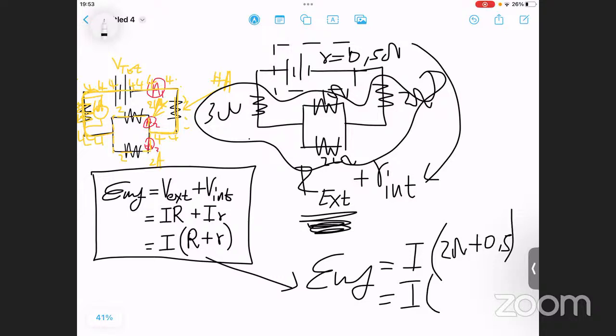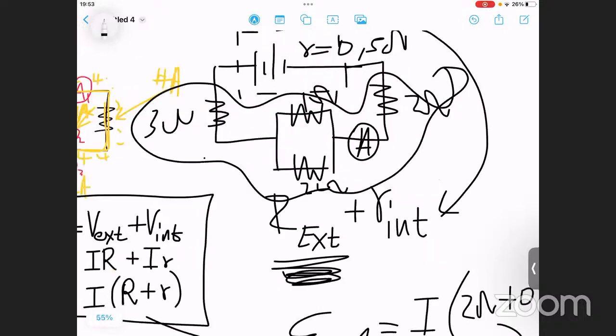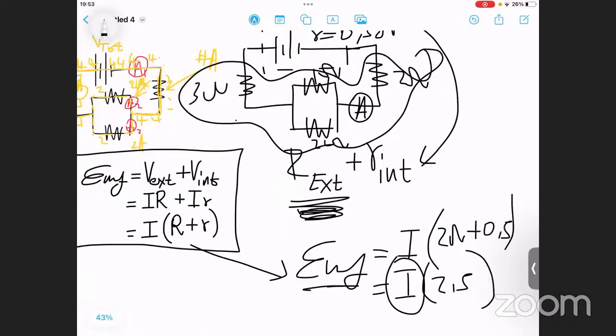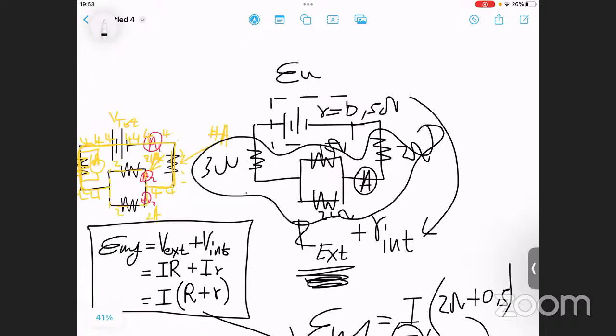Then, if you know the current flowing in that circuit, that's what you substitute there. And that's how you calculate your EMF. So the EMF, again, is like the total amount of electricity for the whole circuit with the presence of R internal.